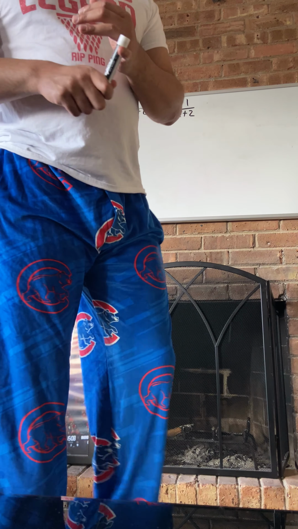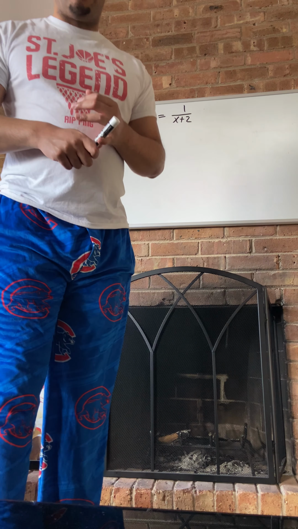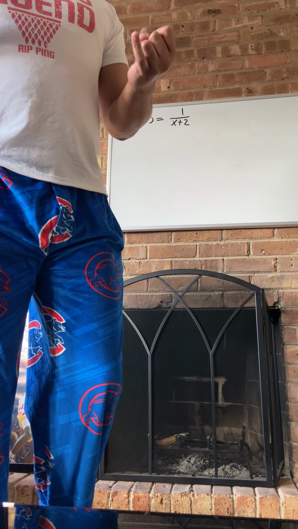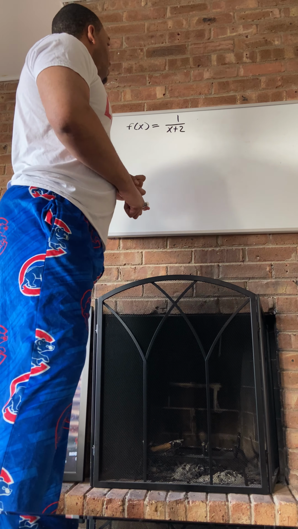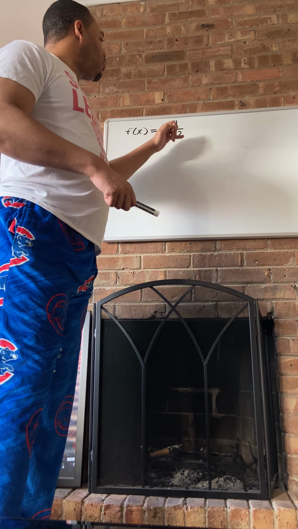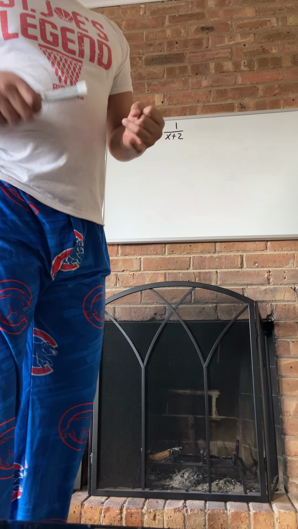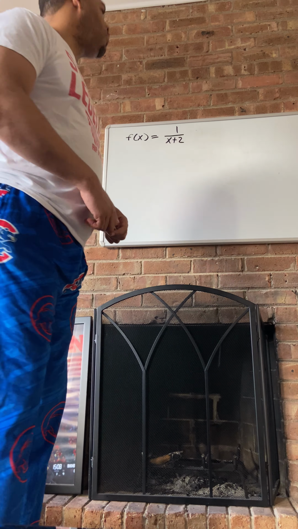Another asymptote is the horizontal asymptote, and I emailed you 3 different rules. It's all about the degree. If the degree in our numerator is lower than the degree of the denominator, then your horizontal asymptote is at 0, y equals 0.